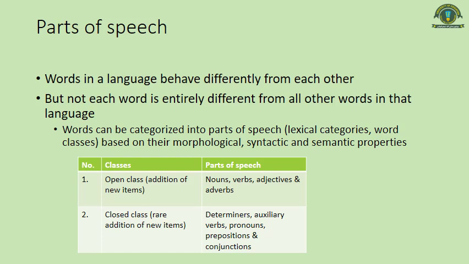Means before verb we will put do with he. So words can be categorized into parts of speech. Parts of speech are the lexical categories, word classes, and they are based on their morphological, syntactic and semantic properties.